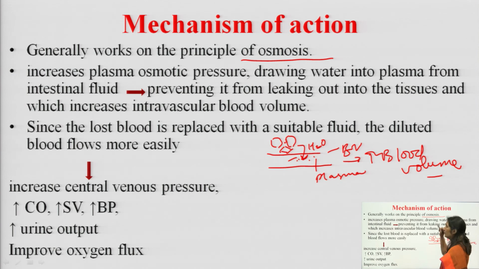So, they act on the principle of osmosis, they increase plasma osmotic pressure and draw water into the plasma from the interstitial fluid, and prevent it from leaking out into the tissue, and thus they increase intravascular blood volume.